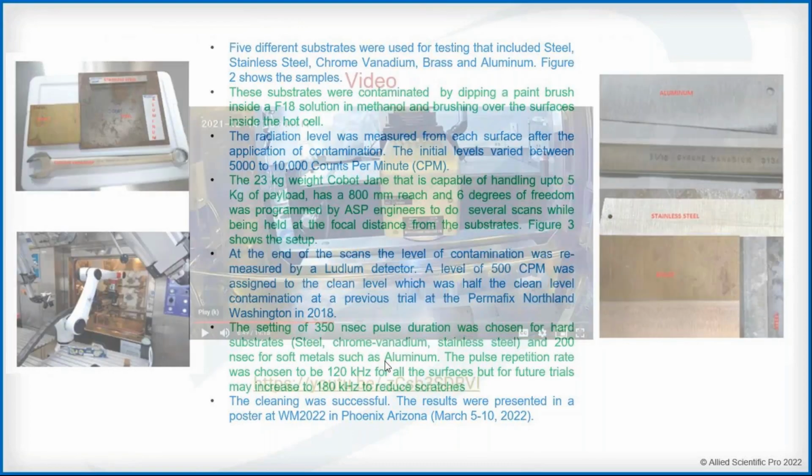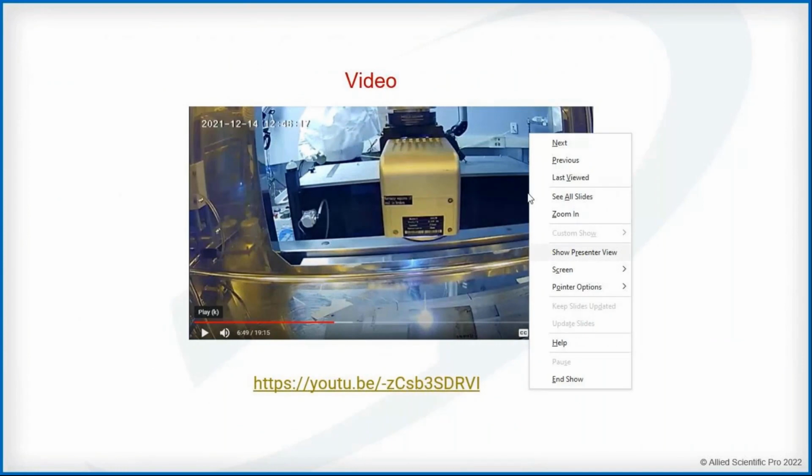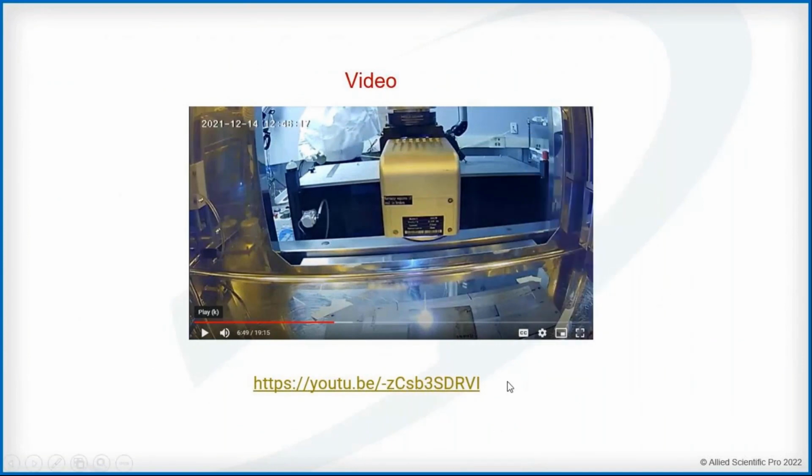So here's a video that shows how the cleaning was done. So this camera was installed inside the hot cell, and it shows the whole laser cleaning process. So I'm going to run this.